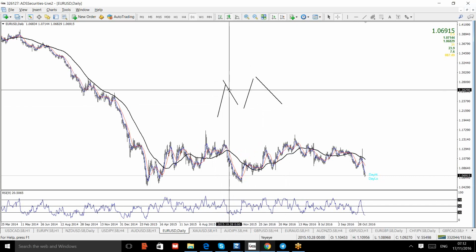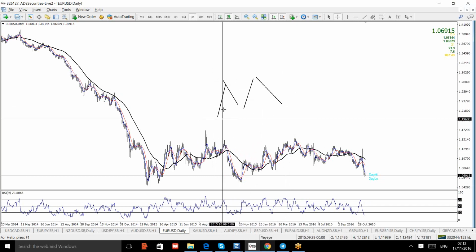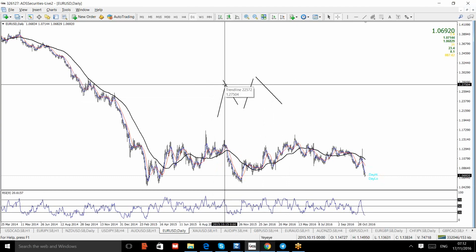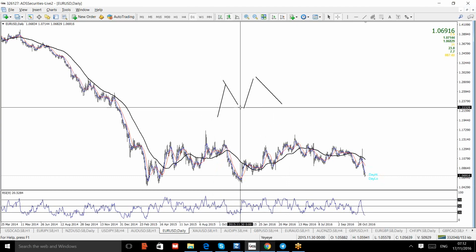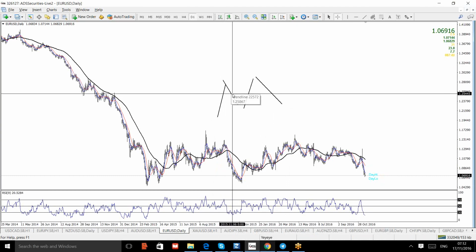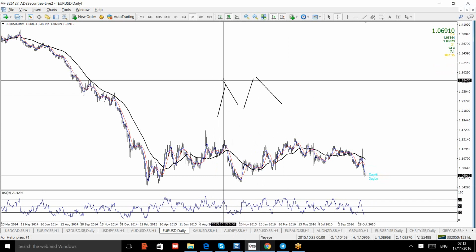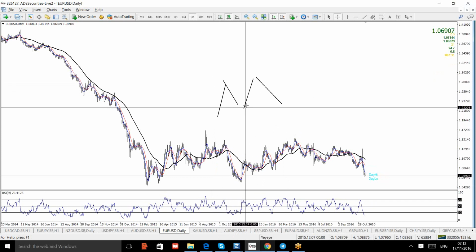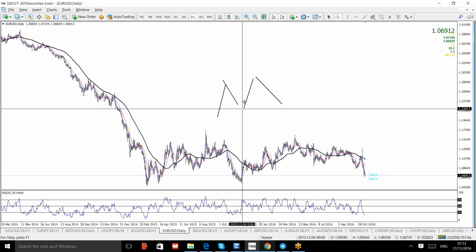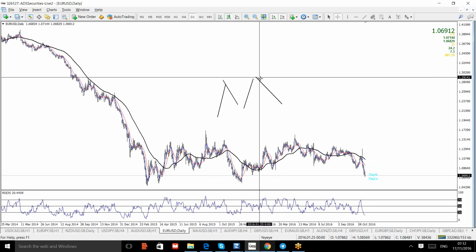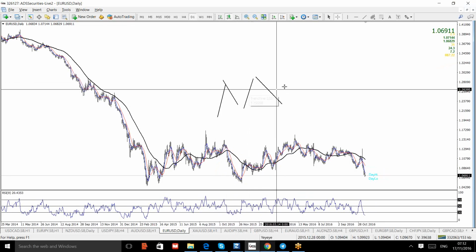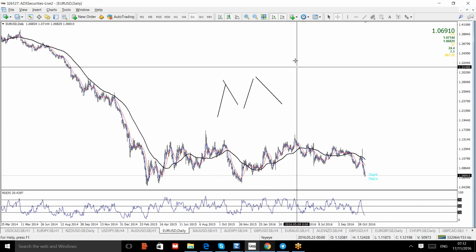These are your leg 1, 2, 3, 4. Now what is retracement? This leg is a push up, and this move to the downside is called retracement. It retraces. So this move to the downside is the retracement of this leg. Does everybody understand this already?